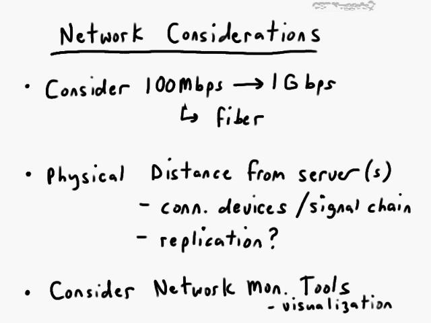As previously discussed, the faster you can open up your network bandwidth, the more efficiently your MySQL server can process queries. Therefore, if you can move, for instance, from a 100 megabit connection to, say, a gigabit connection, and if you can move, for instance, from copper cabling to fiber cabling, so much the better.